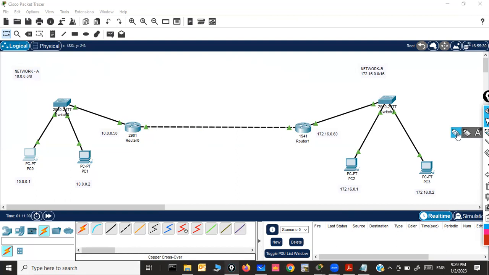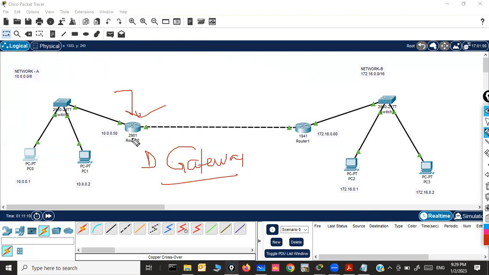So now I'm back to the same concept of subnetting, because it was about your gateway concept, or the default gateway. Let's say I don't know where the destination machine is, where to go, where to reach, but as a PC, what I know is that the destination is not from my network.